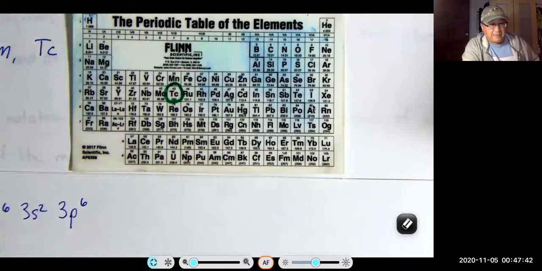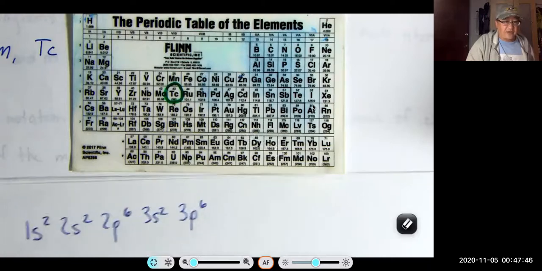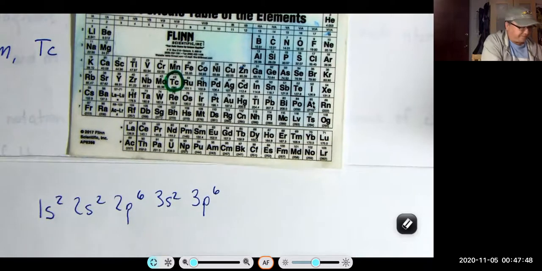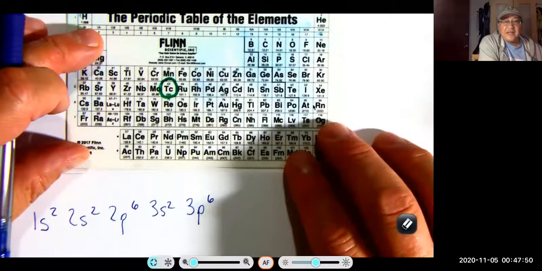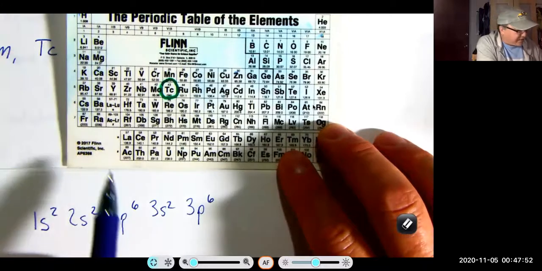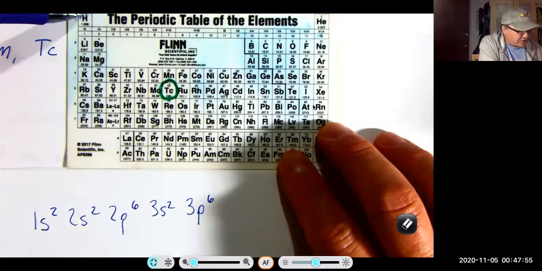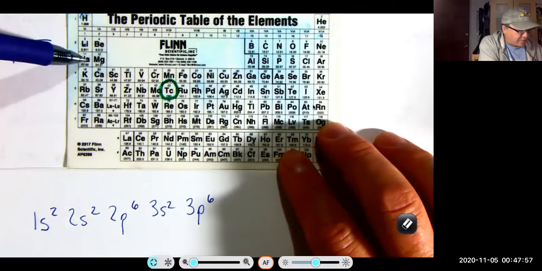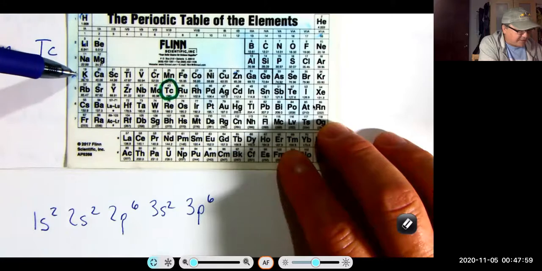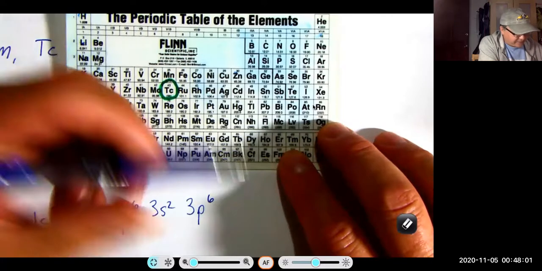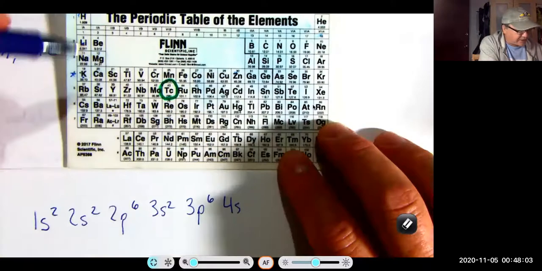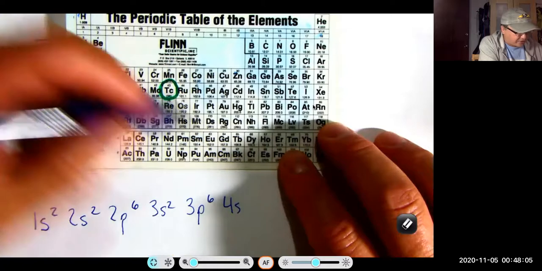So here it might, oh, you can't see any of that. So this is what I have written so far. And here, when we get down to here, remember, this is 1s, 2s, 3s, 4s. So when we get here to potassium, that's 4s. And remember, this is only 2 wide, so 4s2.